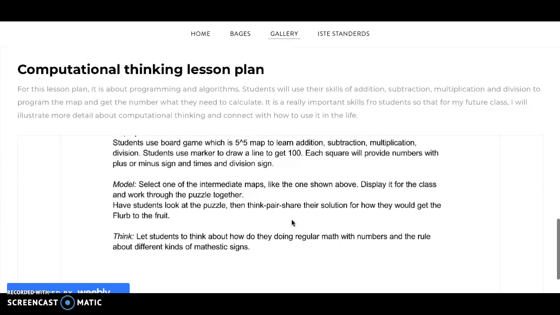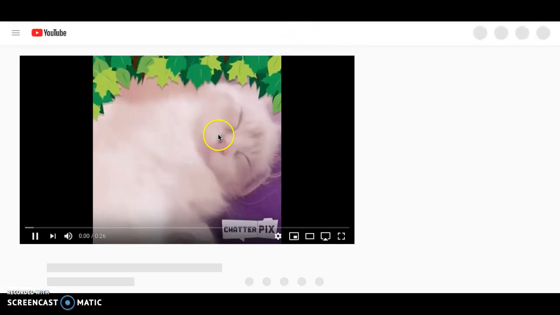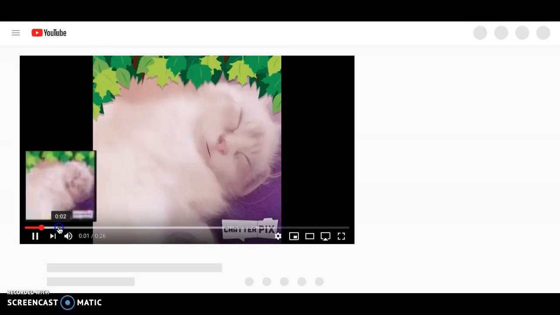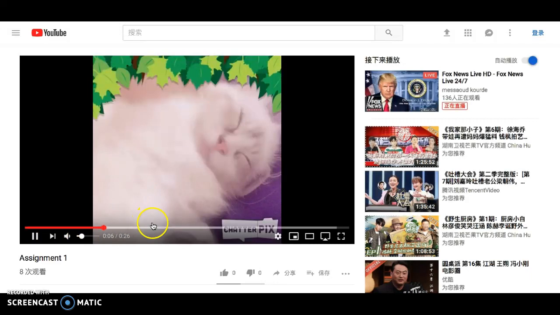Also, I think for my future class, technology is really important. And so the Chatterpix, we can create a short video, and I think this is a simple and fun way.